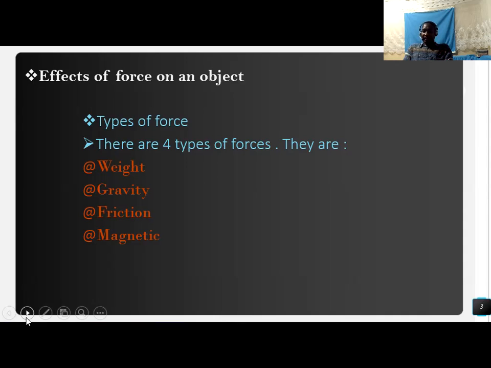What you are going to see is that when stones or objects of different masses are dropped from the same height, they hit the ground at the same time. Then you can conclude that the objects fell at the same time because of being pulled by the same gravity.